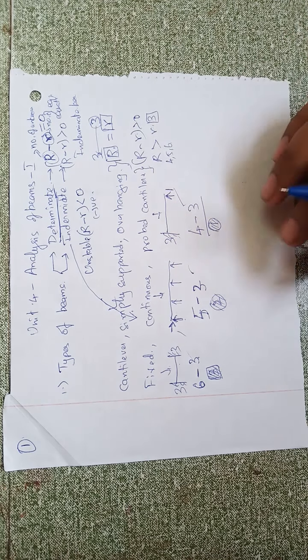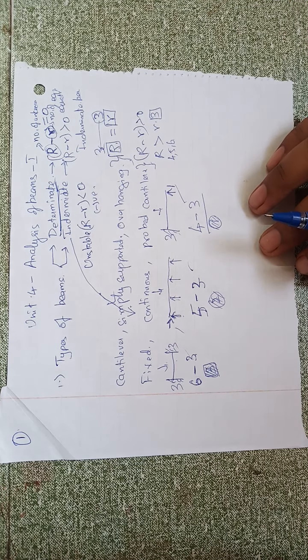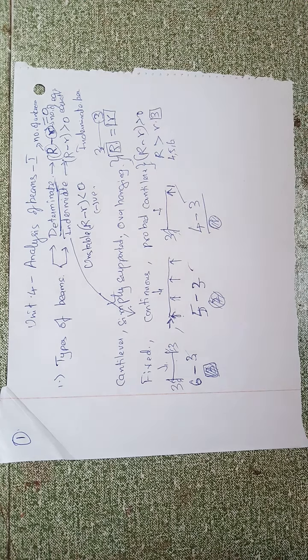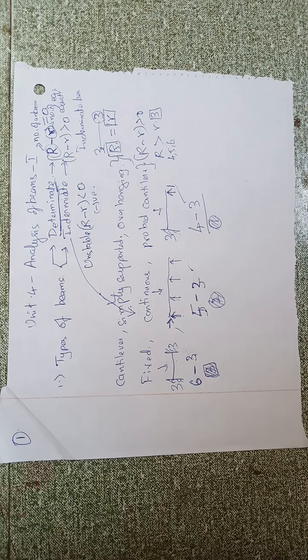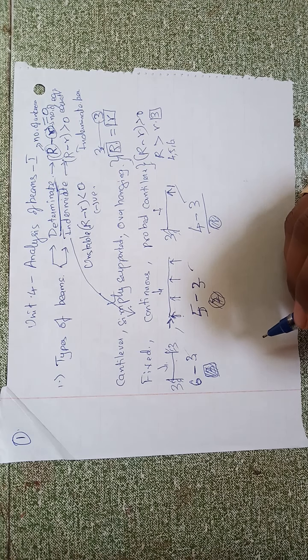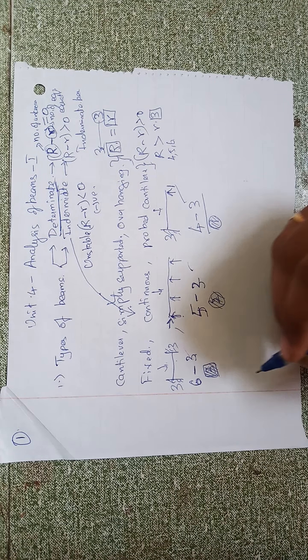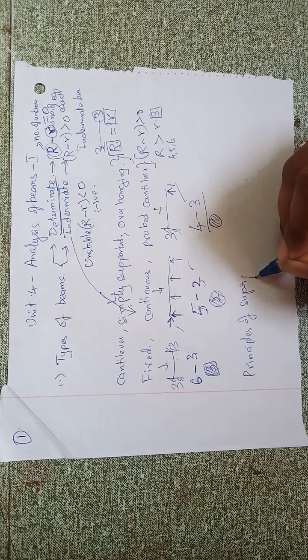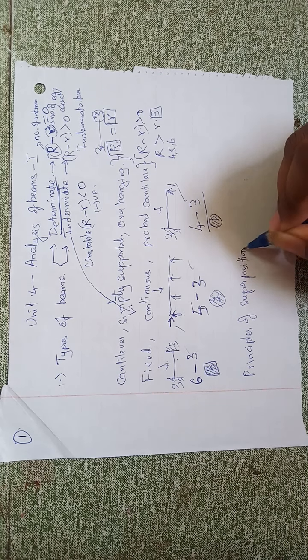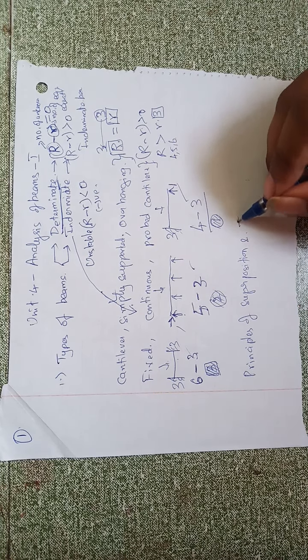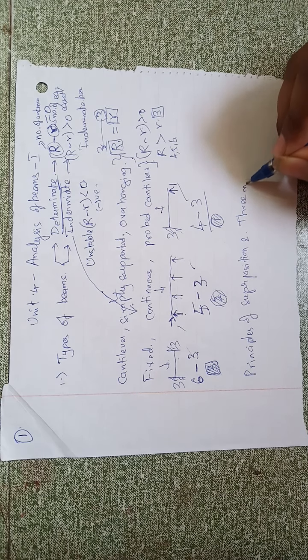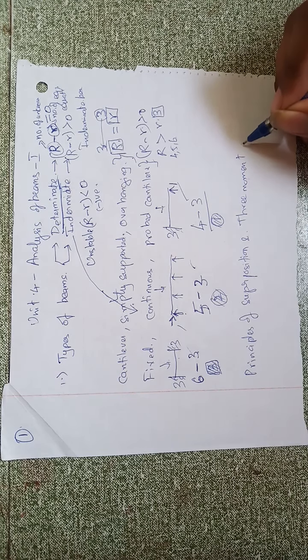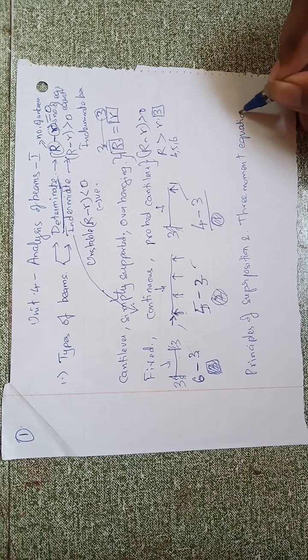So these are the types of beams you are going to analyze in unit 4 and unit 5. In unit 4 you are going to use one method which is called principles of superposition, and another one called the 3 moment equation.